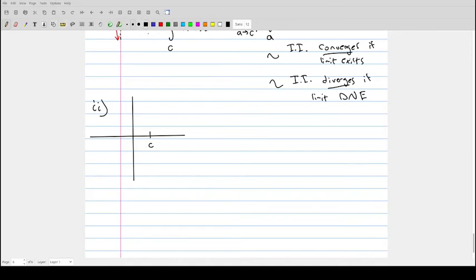And the function could be defined from, say, A. So on the open interval, it's continuous. On the half-closed interval from A to the open value of C. And just for argument's sake, let's say that the asymptote is here at C, and the function maybe looks like this.